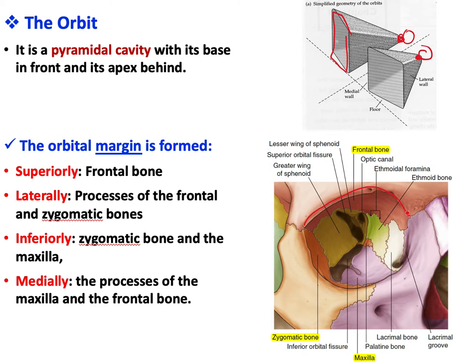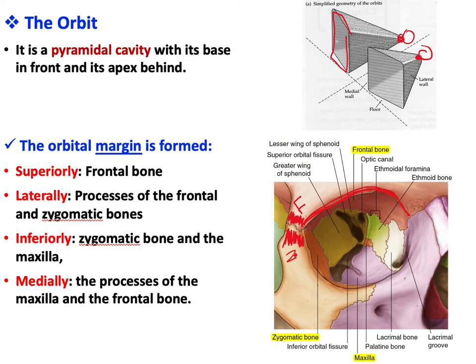Now, from the frontal bone forming the superior margin, let us move laterally, where you will find the zygomatic process of the frontal bone and the frontal process of the zygomatic bone. That means the frontal bone and zygomatic bone by their processes.